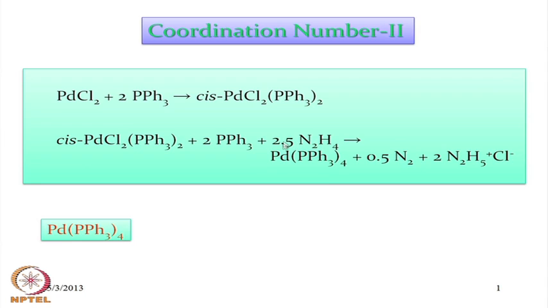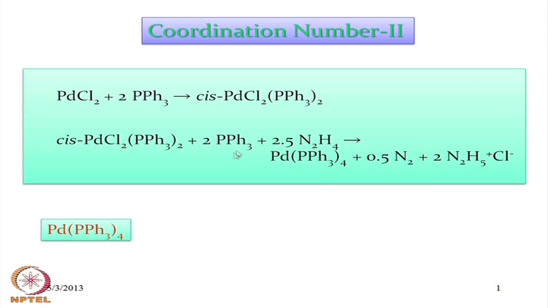So, once we reduce this, the hydrazinium ion is playing a double role in this particular reaction system, where this hydrazine is the source of electrons to reduce palladium 2 plus to palladium 0, and at the same time, when we reduce it to the 0 oxidation state, it will not have any attraction for the chloride as its ligands.